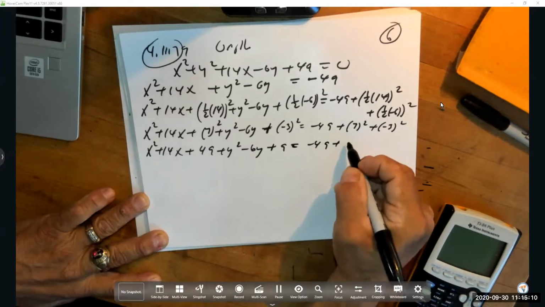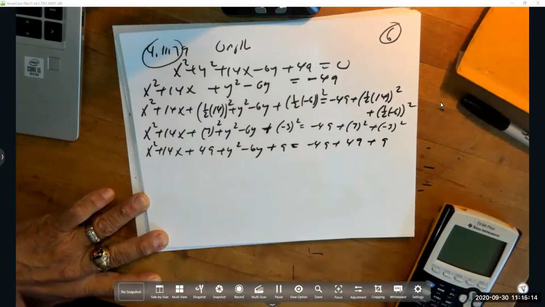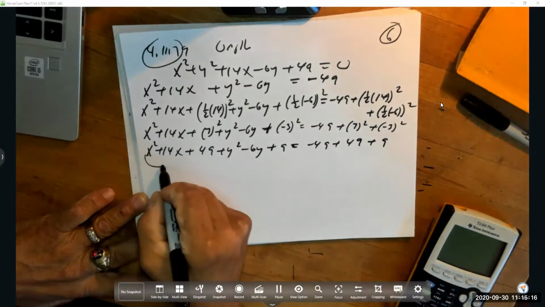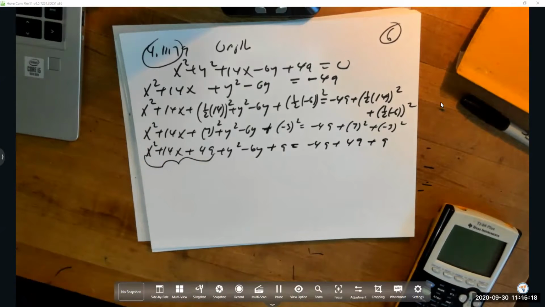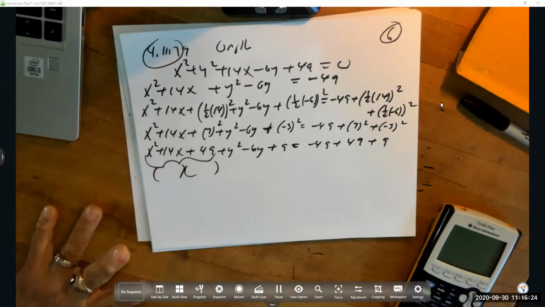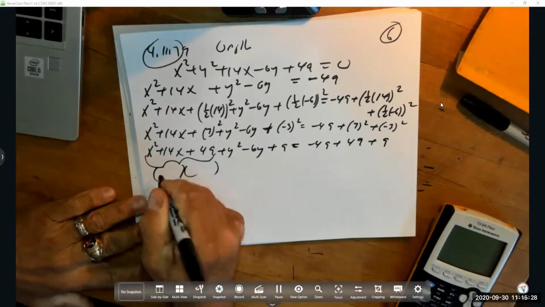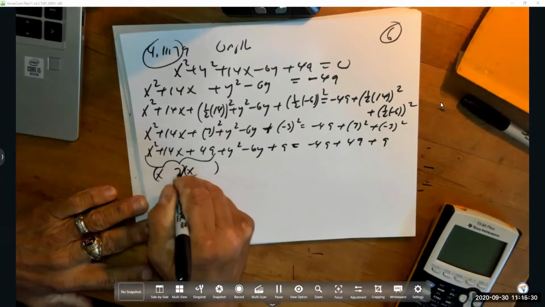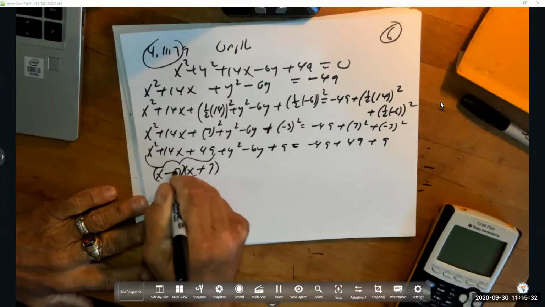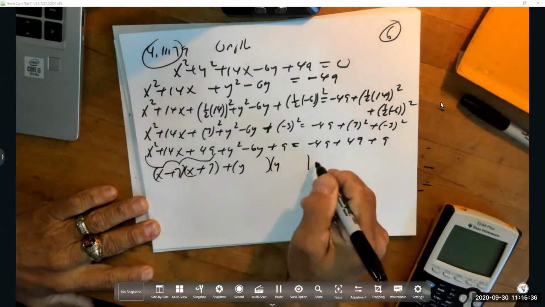Negative 49 plus 49 plus 9. Is that it? Okay. And this one right here, x squared plus 14x plus 49, that factors into two things. What do you think they are? x, 7, 7, a plus and a plus. And the other one is going to be y and y.